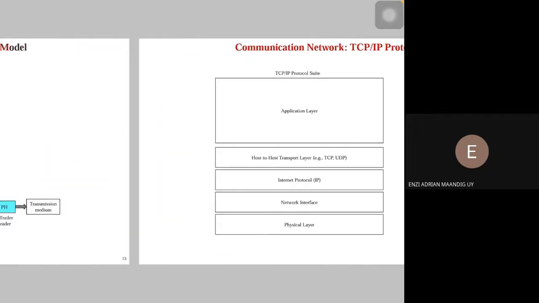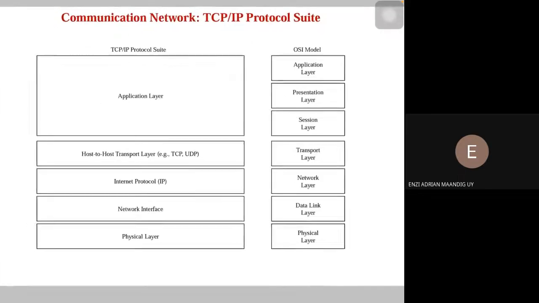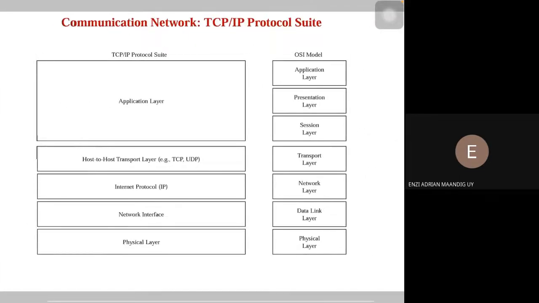So this is a comparison of the OSI model and the TCP/IP protocol suite.